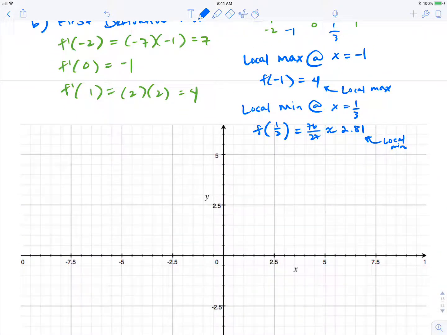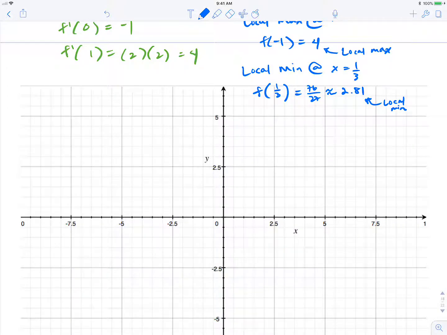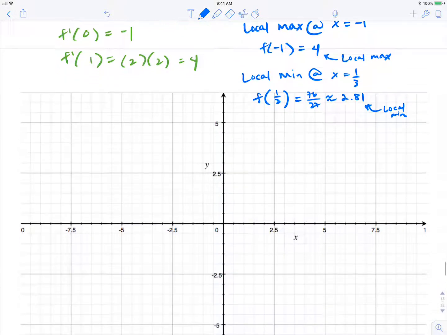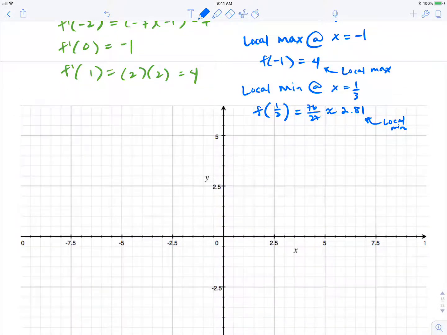Okay, so let's graph those 2 points now. We know the point where the local maximum occurs: (-1, 4). That's -1. Okay, and then 1/3, this is 1/3, 2.81, somewhere in there approximately.